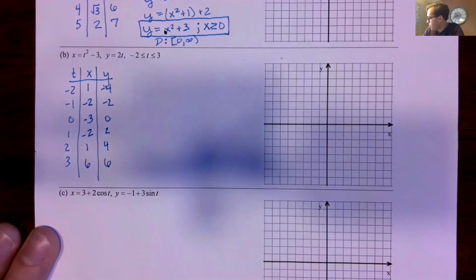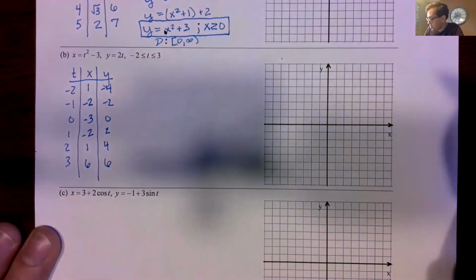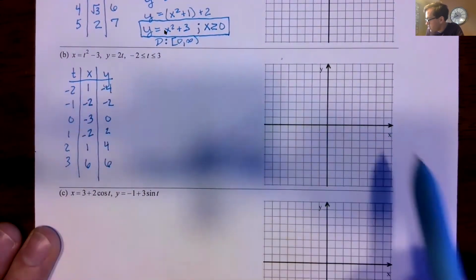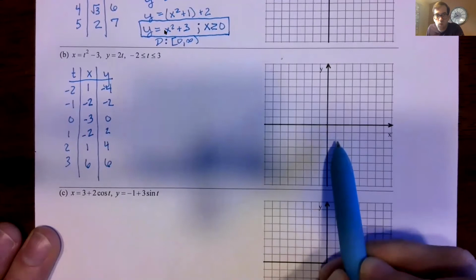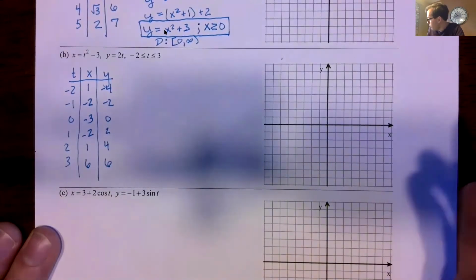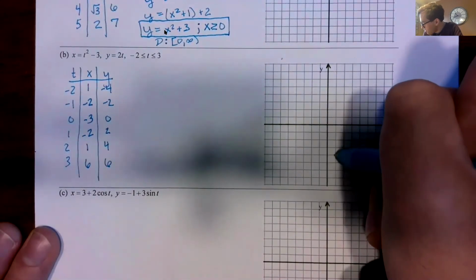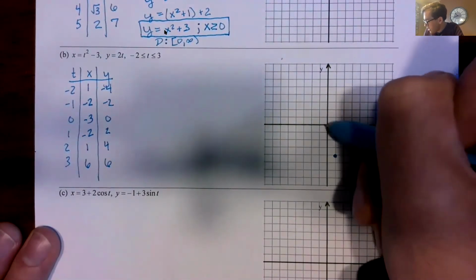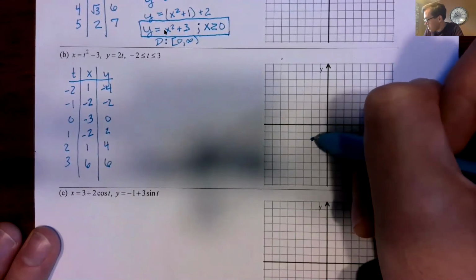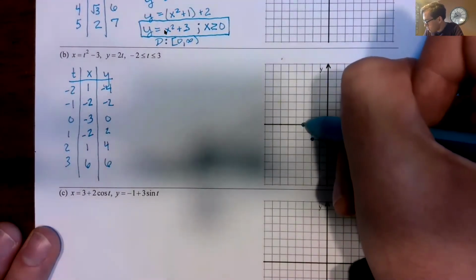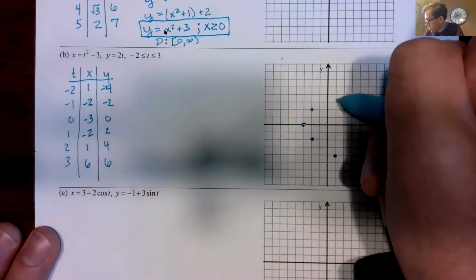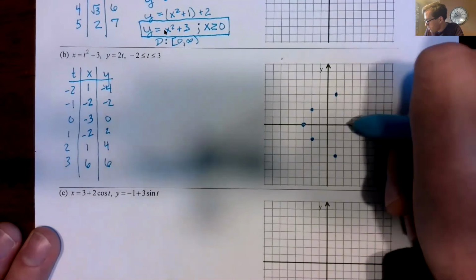And let's graph this before we get too much further. So we're going to have x's and y's to graph. I'm just going to assume that each of these lines represents 1. So let's see, we got 1, -4, and then -2, -2, -3, 0, -2, 2, 1, 4, and 6, 6.